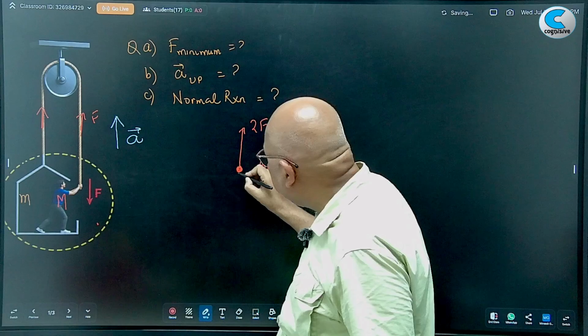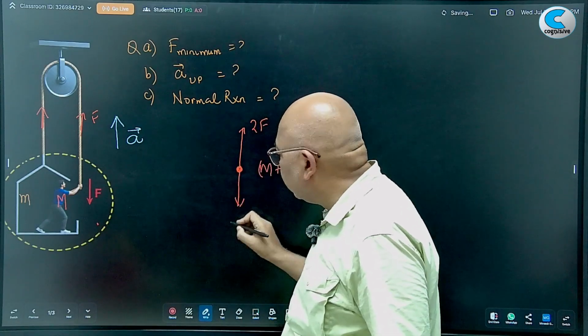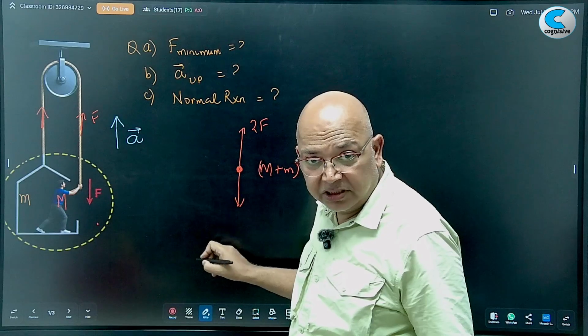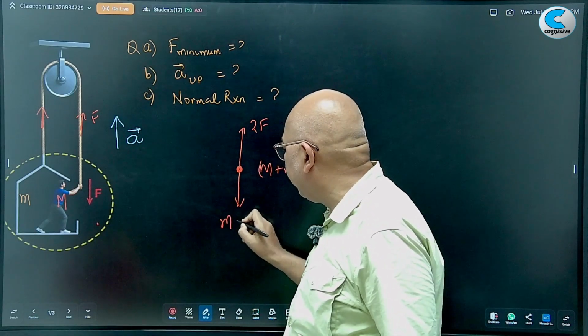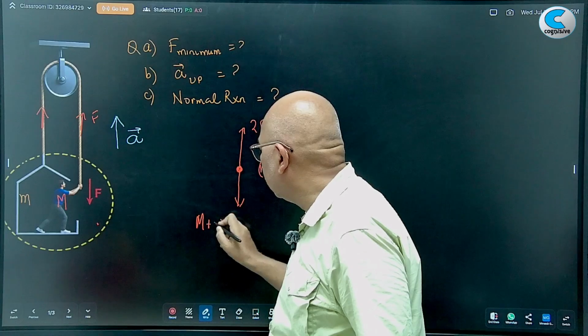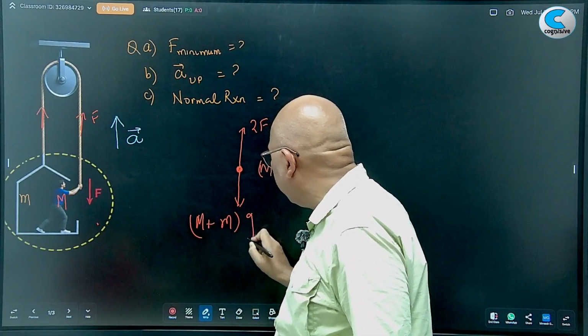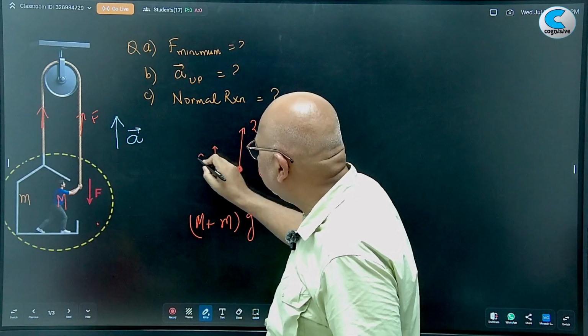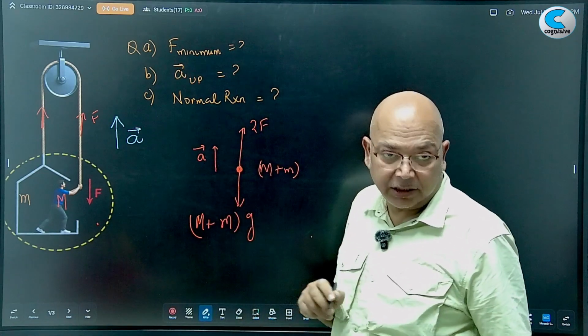And what is the total weight, the gravitational force in the down direction? It will be capital M plus small m into g. And let us suppose this accelerates with an acceleration a in the up direction.